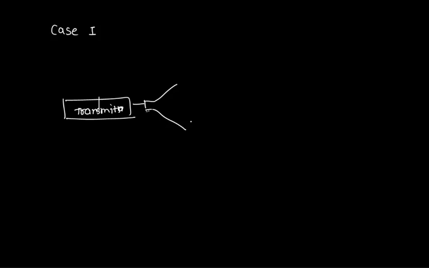So in case one, I'll say that the antenna is connected to the transmitter. So this will be the transmitter, and say this is my antenna, which will be considered as antenna 1. Okay. And then you are placing, at some distance between the transmitting antenna and the receiving antenna, my receiver antenna, which will be connected to the receiver.